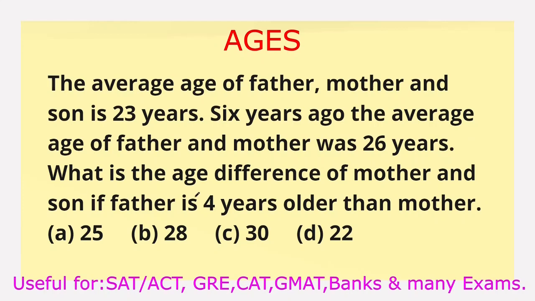What is the age difference of mother and son if father is 4 years older than mother? The given options are option A 25, option B 28, option C 30, option D 22.